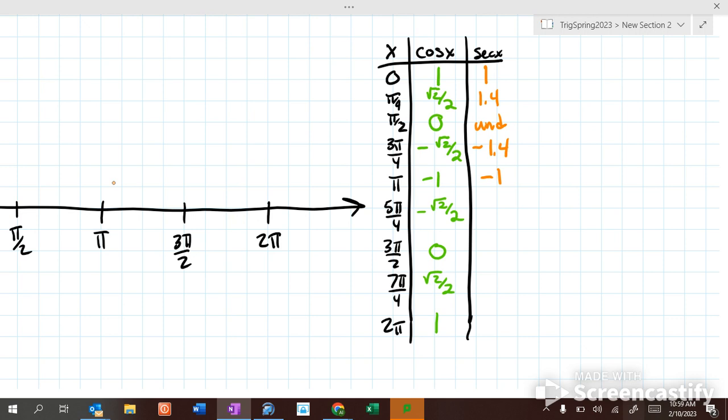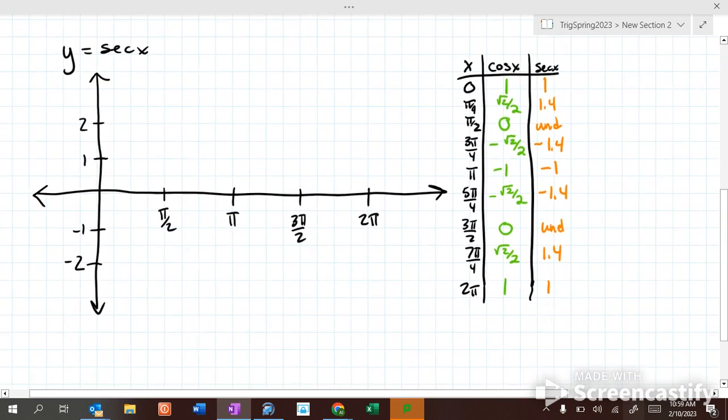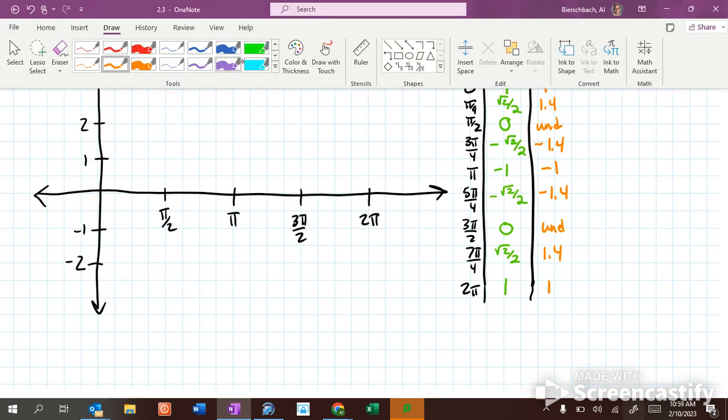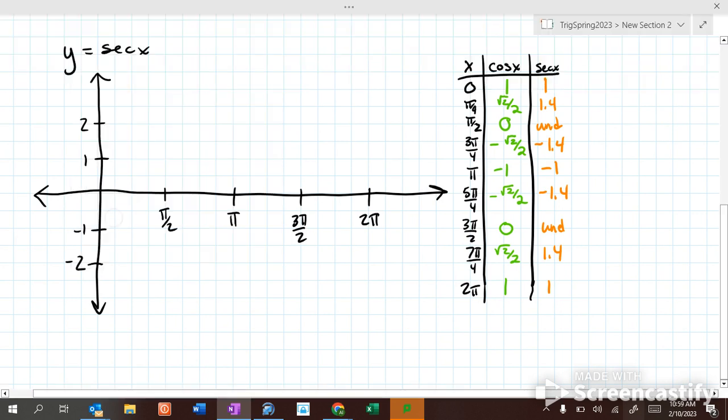At 5 pi over 4, where should we be? Negative 1.4. At 3 pi over 2, we should be at? Undefined. Then 1.4. Then 1. So, in green, I'm going to graph my cosine curve. 1. 0. 0.70.